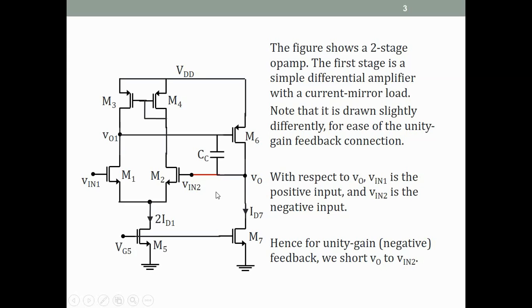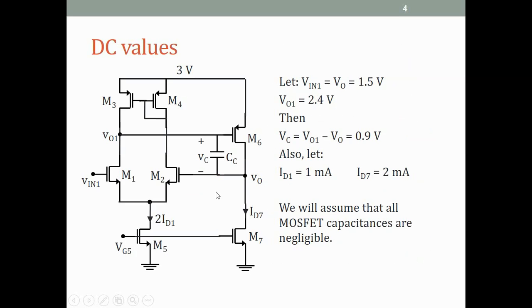Alright, let us first put DC values, because in order to do transient analysis with capacitors we must have well-defined DC voltages before and after some switching happens at the input. So we'll say let the DC input voltage V1 be 1.5 volts, and because this is a unity gain configuration with a high gain, VO will also be 1.5 volts under DC conditions.